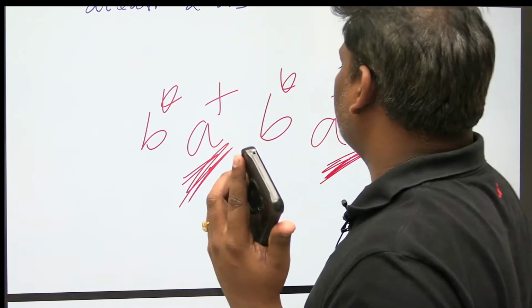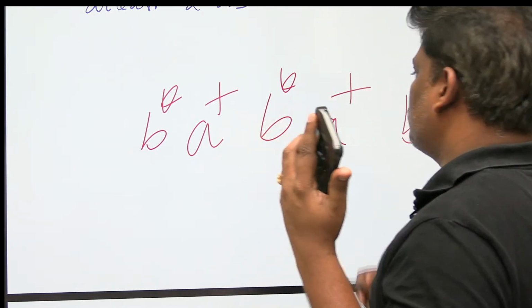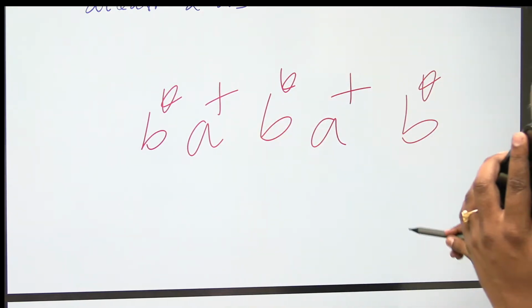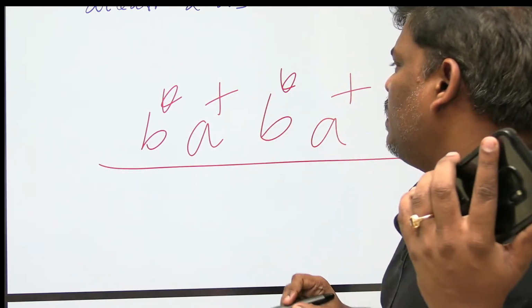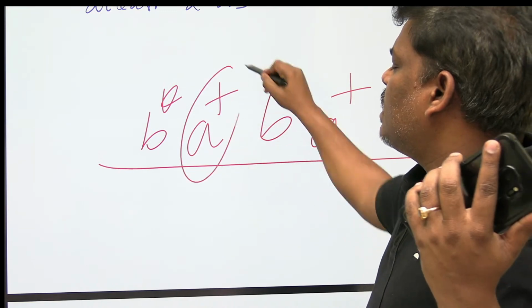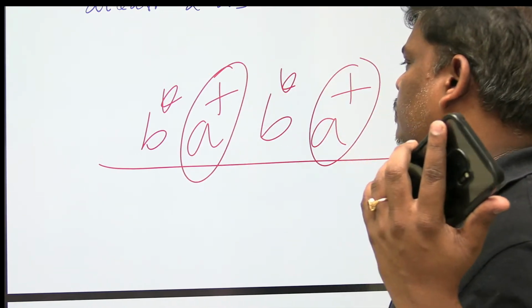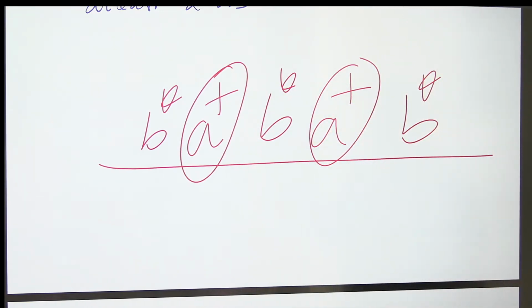Thank you so much for asking. I think the problem here is that whatever A's are extra are coming continuously. They need not be continuous.